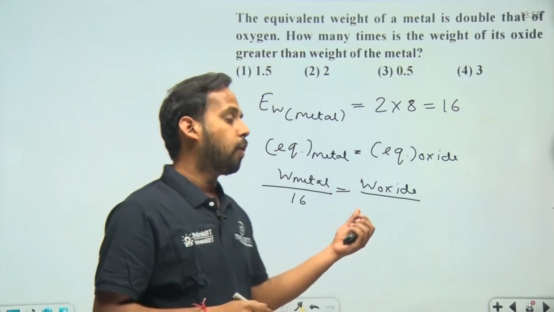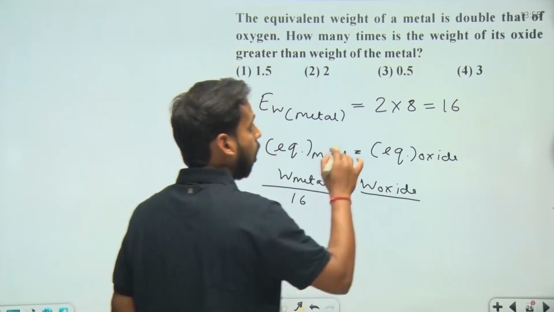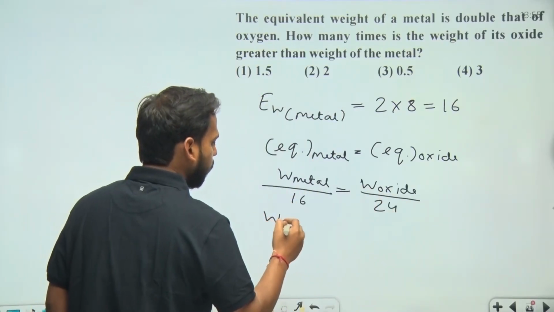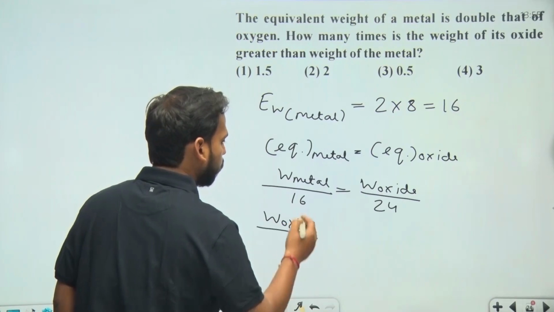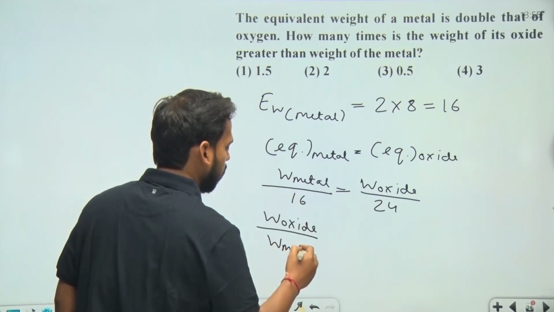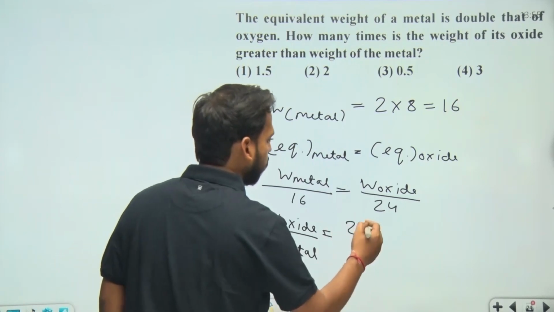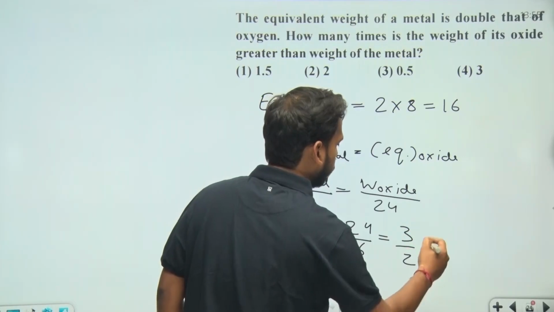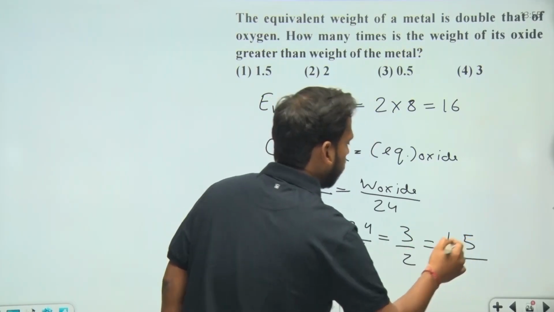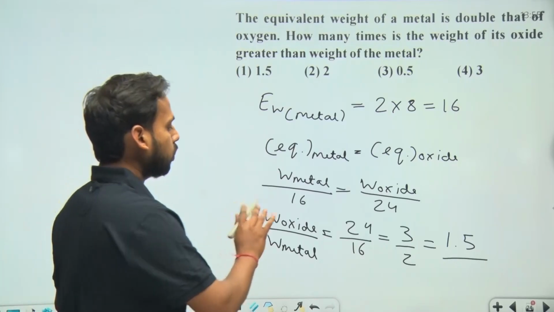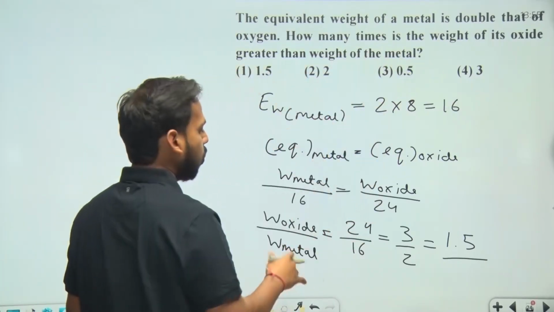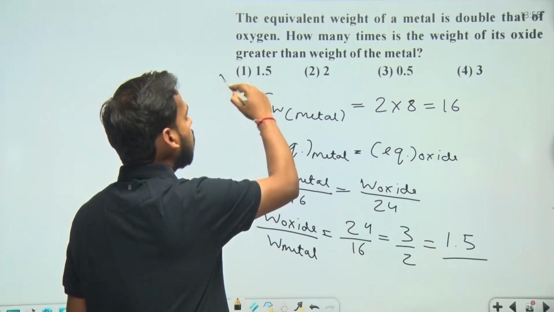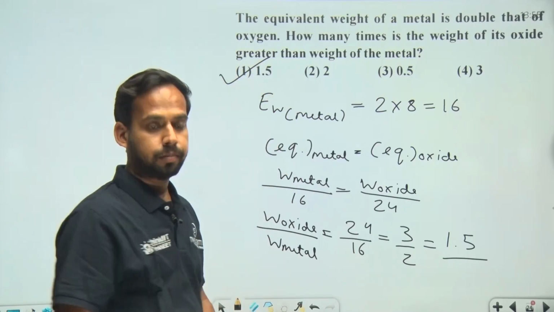The equivalent weight of oxide is metal plus oxygen, so it is going to be 24. So the weight of oxide divided by the weight of metal comes out to be 24 upon 16, that is 3 by 2, which is equal to 1.5. So the weight of the oxide is 1.5 times that of the metal. So the correct option is option 1, 1.5.